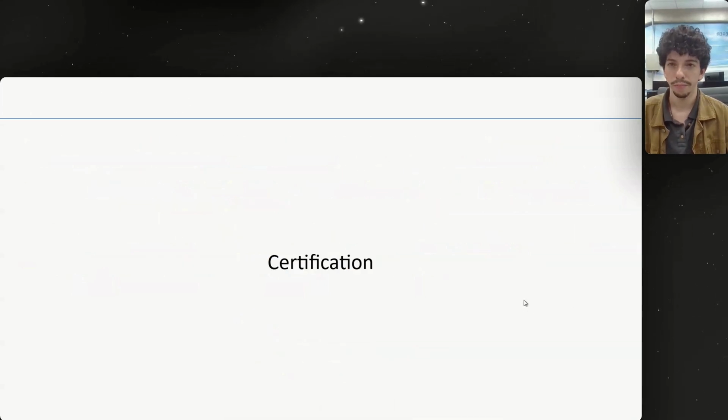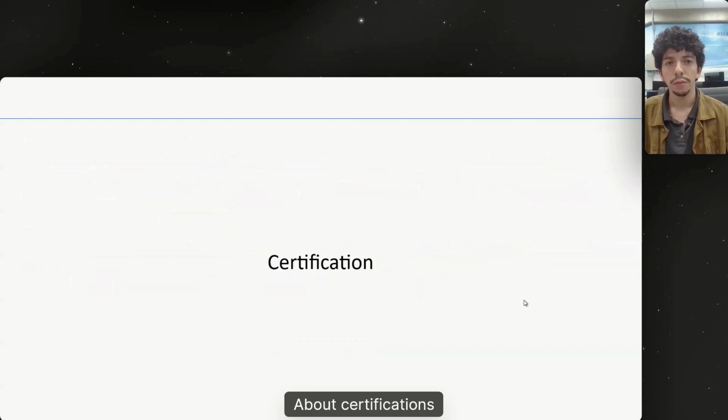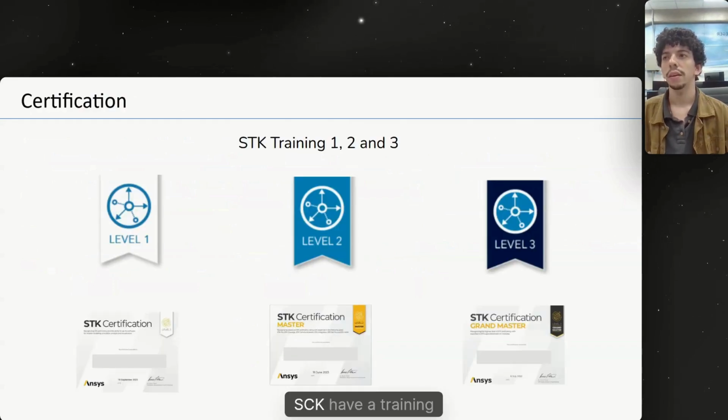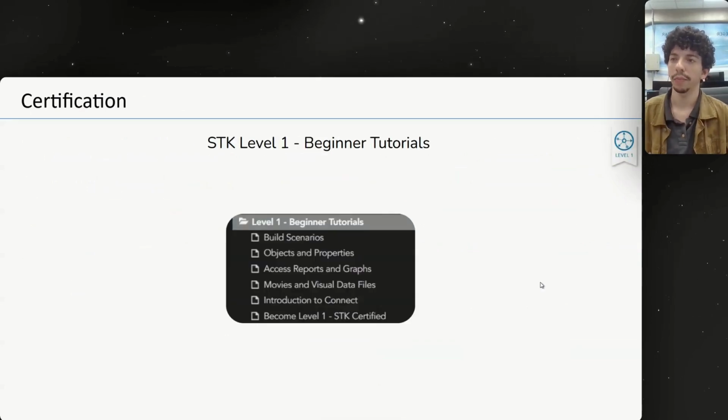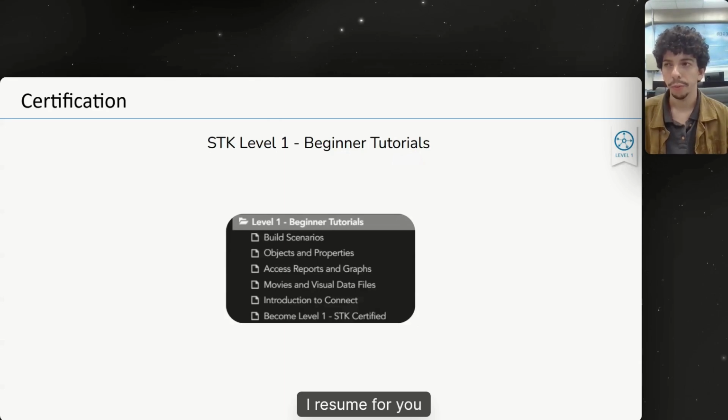And about certifications, STK has training at level 1, level 2, and level 3. Okay. And what do you study at level 1? I'll summarize for you.